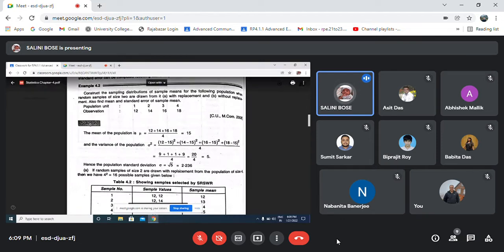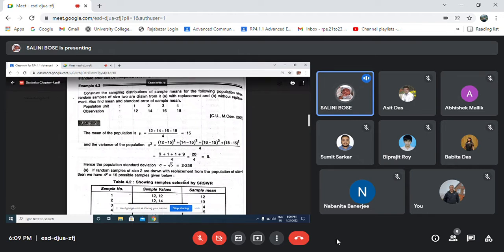And from this population, we can also find out the sigma square, meaning the variance. So sigma square is equal to what? We know it is summation of x minus mu the whole square by population units, right?